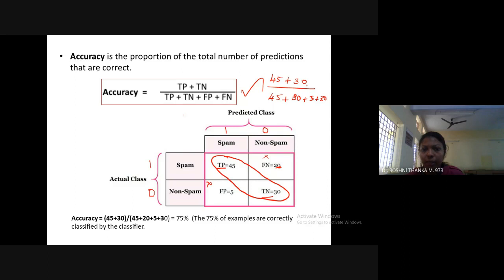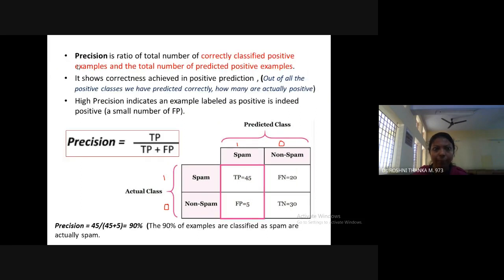When you calculate, we will get 75%. So what is the meaning of this? 75% of the examples are correctly classified. It is not specifically saying ham mail or spam mail. Out of all of these together, 75% of the data are correctly classified. So that's what accuracy means.